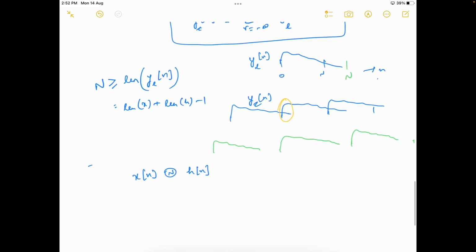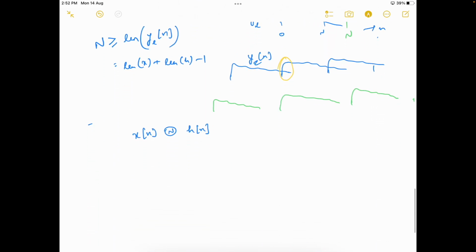Now what is the DFT of circular convolution? This is also the N-point DFT, the same N. Do you remember it from previous results? Yes, it is the product. You can derive it also, it's a very simple derivation. X of k times H of k. That's it.